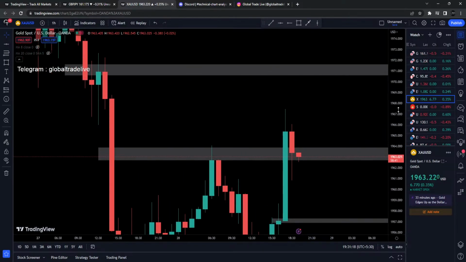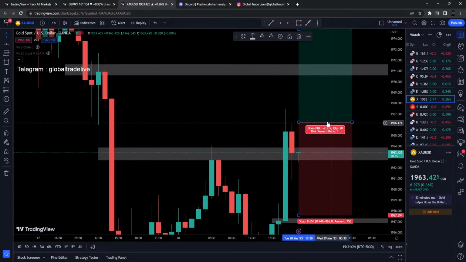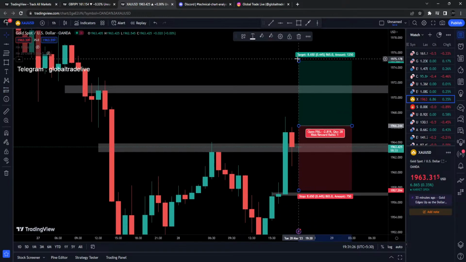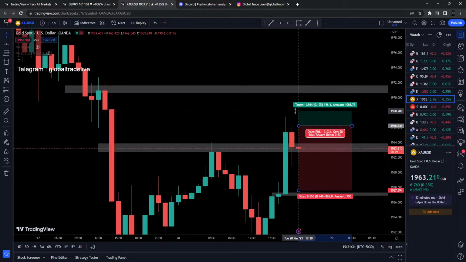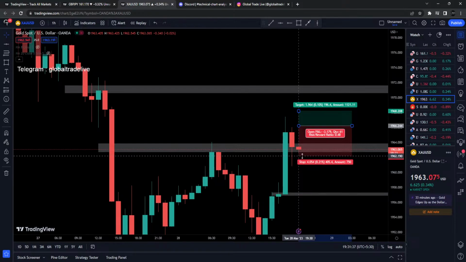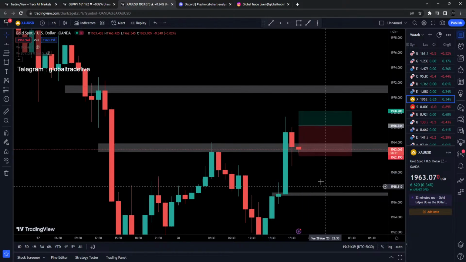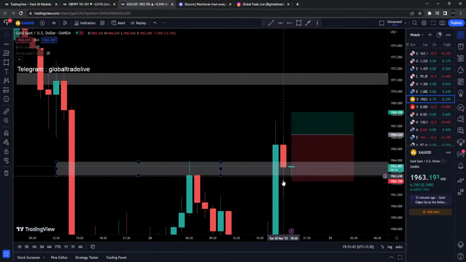And I'm gonna just zoom in a little bit. So my idea is long positions from this point, and my target will be around 20 pips, and I'm gonna keep my stops under the current candle low. So let's see if we get this trade.